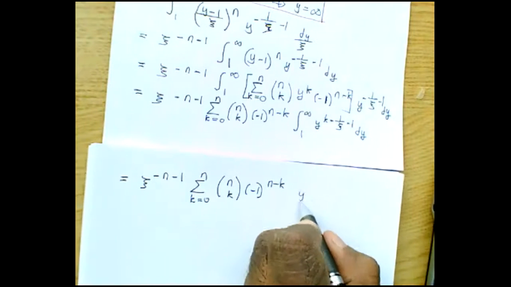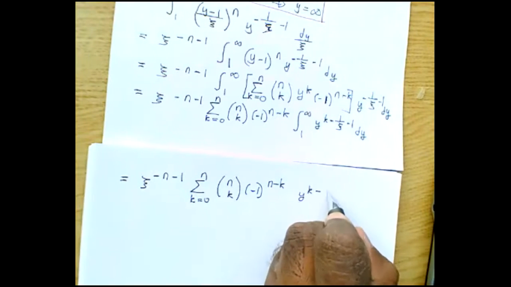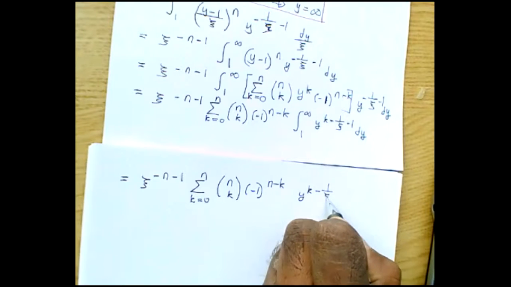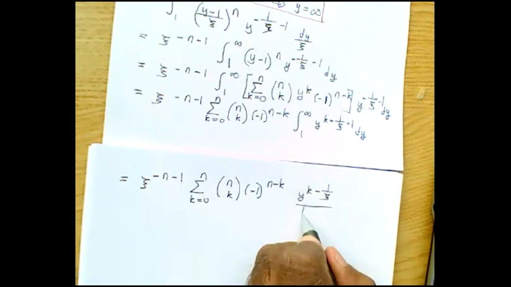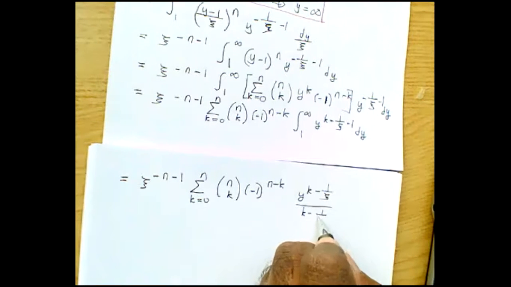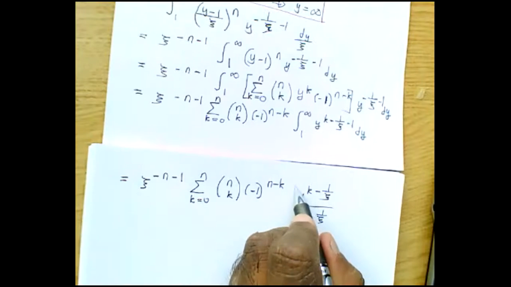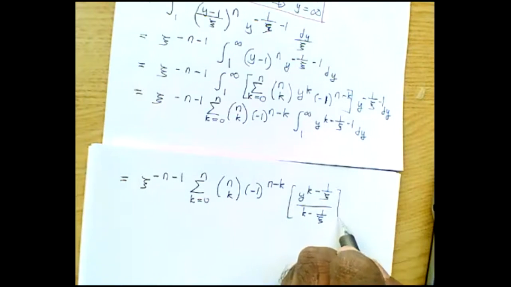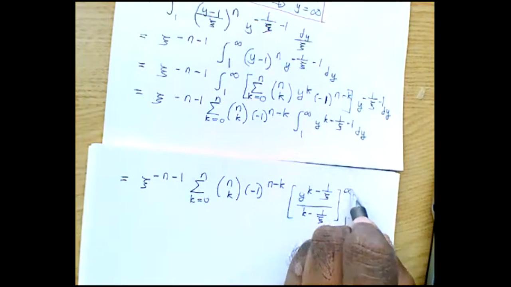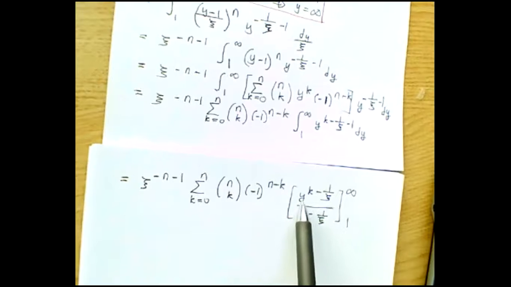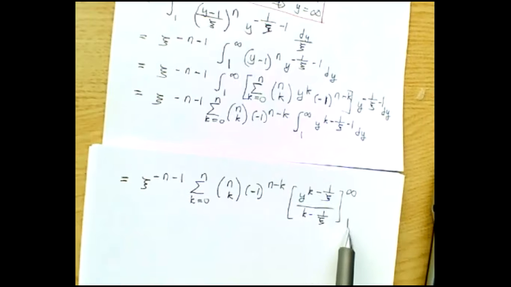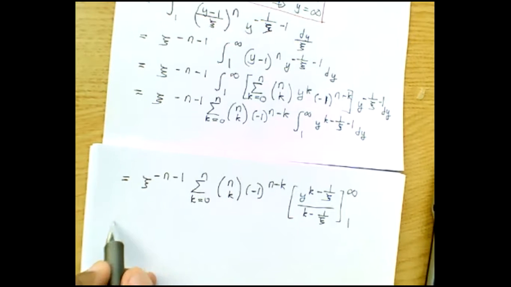You will get y. At infinity, if you assume that k is less than this, then at infinity this will be 0. At 1, it will be 1 divided by this. So what you have is the following.